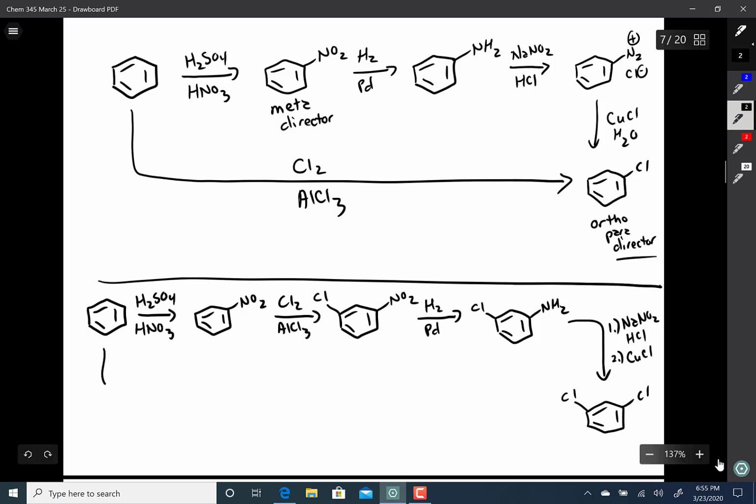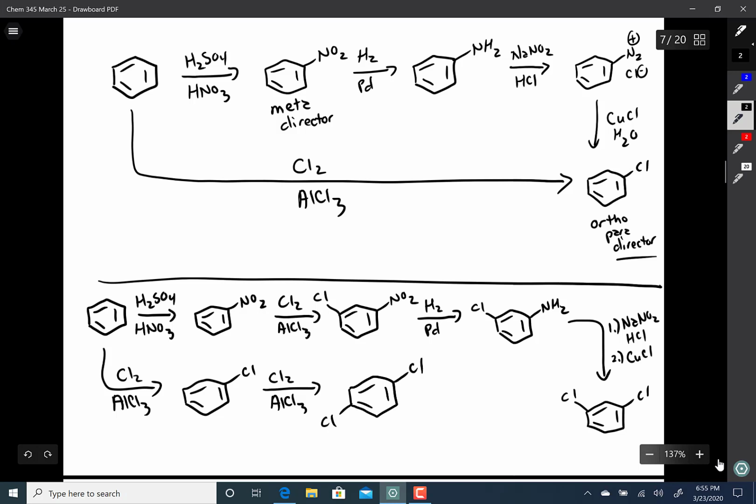Now if you added just, say, chlorine, and then added it a second time, well, that's an ortho-para director. You'd likely end up getting the two chlorines para to each other as opposed to meta. And so that's one of the strengths of using this sequence.